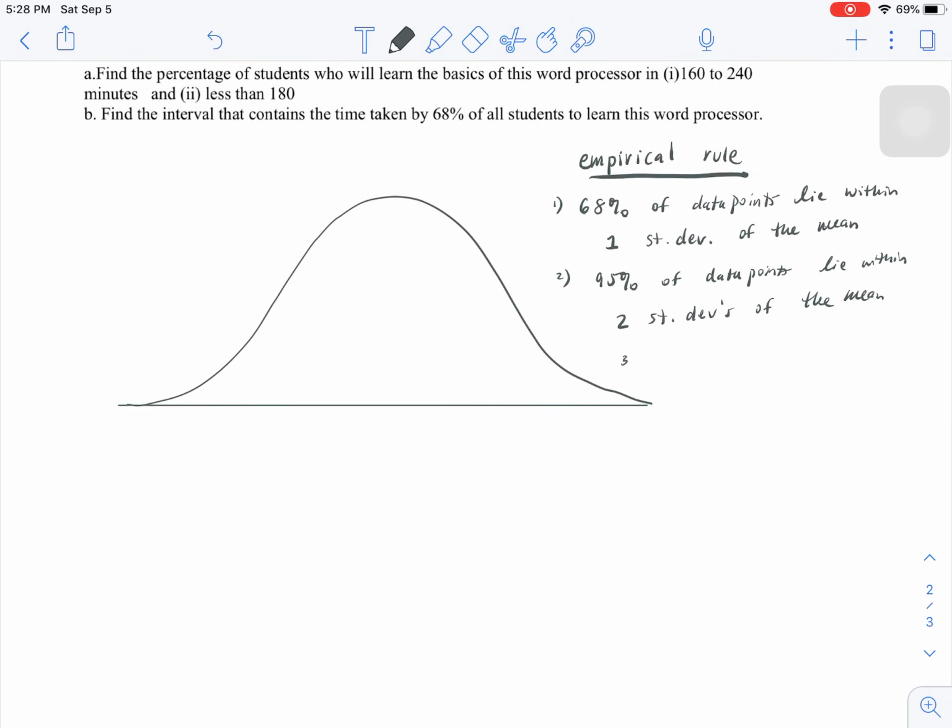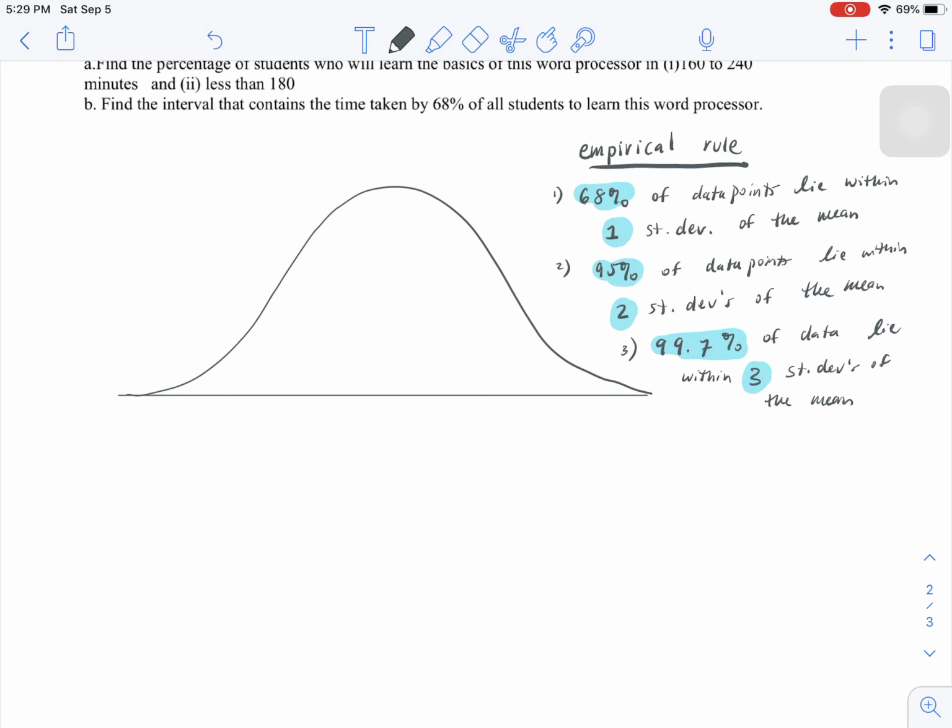And then last, 99.7% of data points lie within three standard deviations of the mean. So I have my numbers here. 68% of data is within one standard deviation, 95% is within two, and 99.7 is within three. These are numbers that you'll want to remember.